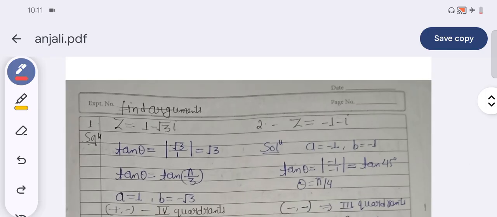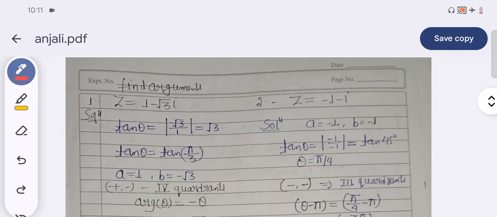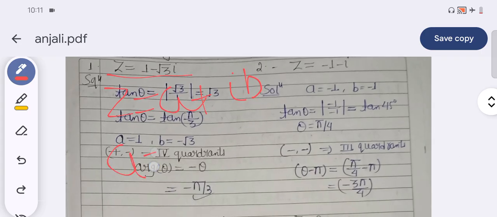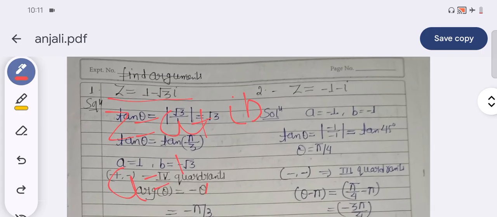For example, you are given z equal to 1 minus root 3 iota. When we compare this with z equal to a plus iota b, we find that a is equal to 1 and b is equal to minus root 3.